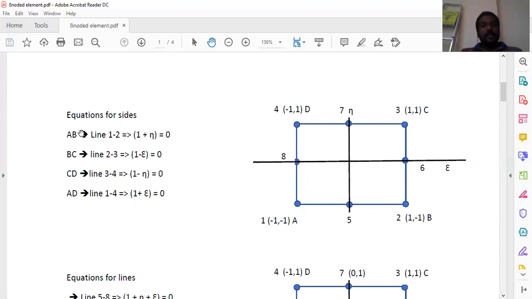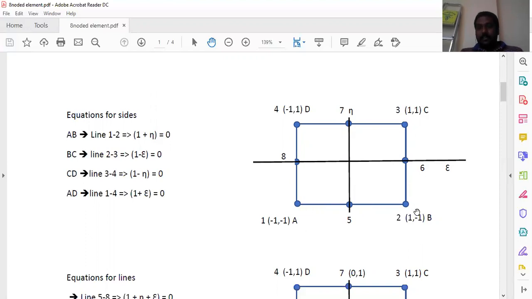Similarly, we have written the equation for side AB. Line 1, 2, we have written 1 plus eta equal to 0. Why? We can define line 1, 2 by the coordinates. Here see the eta value is -1 and here also -1.